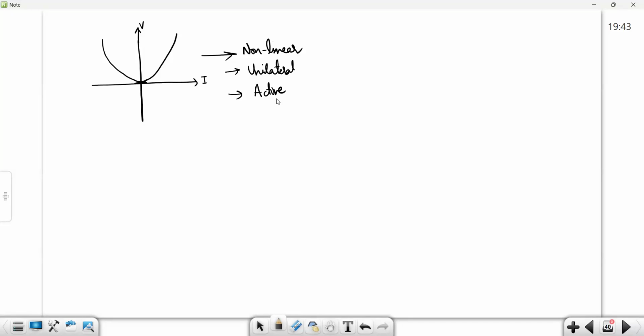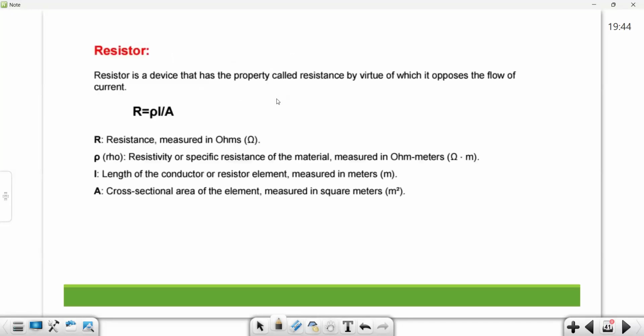Okay. Now we are going to see the basic components: resistor, inductor, capacitor. Till now we have seen types of elements. Now we'll see what is resistor, what is capacitor, what is inductor. Resistor is a device that has the property called resistance, by virtue of which it opposes the flow of current.